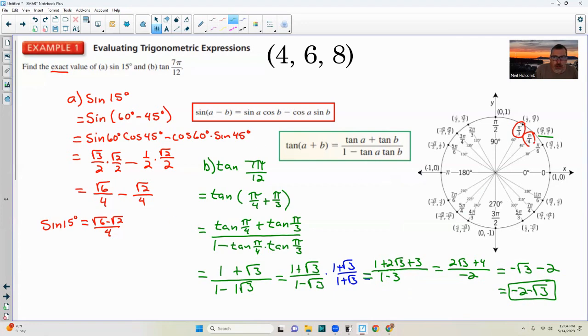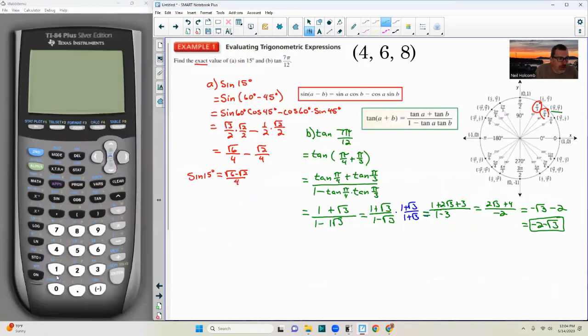Okay, so then we check in our calculator. So turn the calculator on, clear, tangent of 7 pi divided by 12, and hit enter. And I got 0.3199.